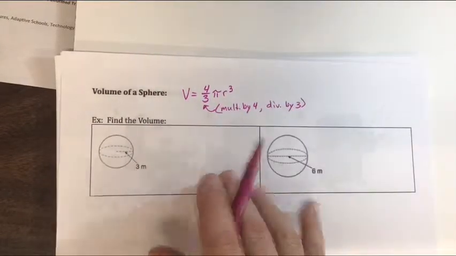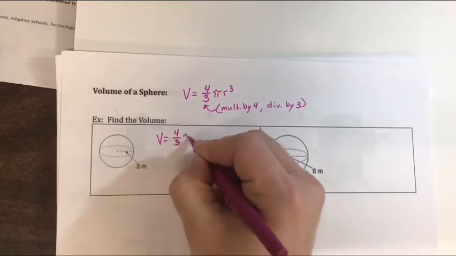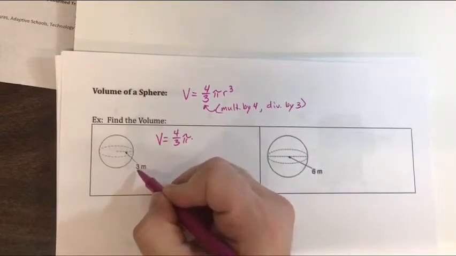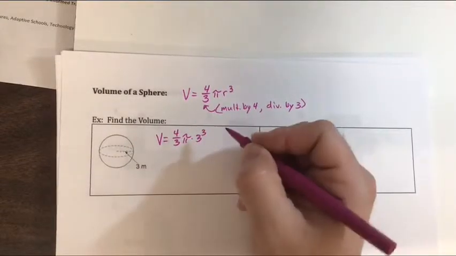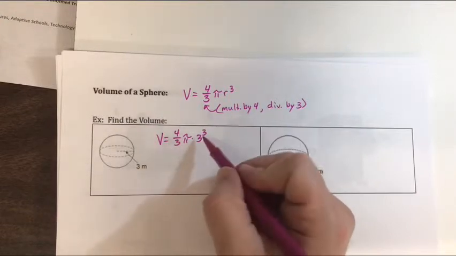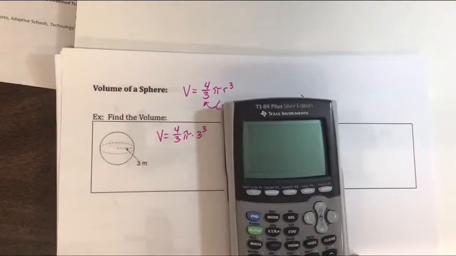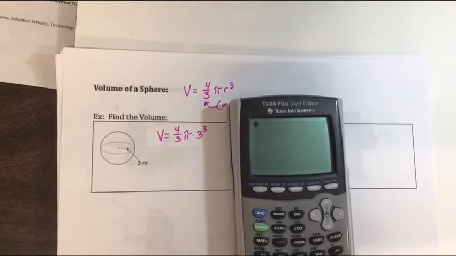Okay, so when we find our volume here, volume is 4/3 pi times this radius of 3 to the third power. I can even put that in the calculator all at once. I can even enter this 4/3 as a fraction with parentheses.